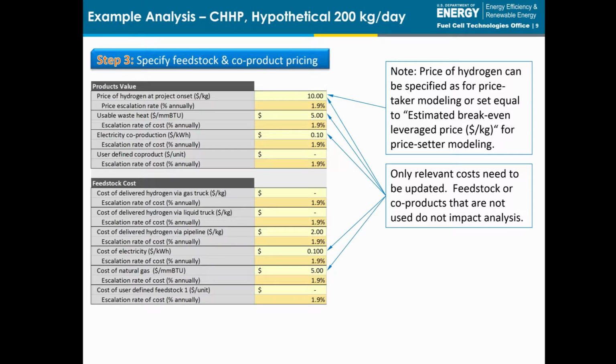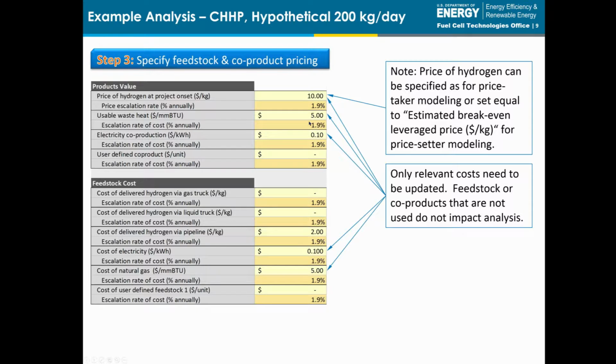One thing to note about it, and any of those prices, they're the price at the beginning of the project. So the moment that the project is financed, that is the price. And you specify an escalation rate, which is applied for every subsequent year of operation. So if this is the price of hydrogen, the first year will be $10, the second year will be 1.9% higher than that, and it's going to escalate in the compound fashion.